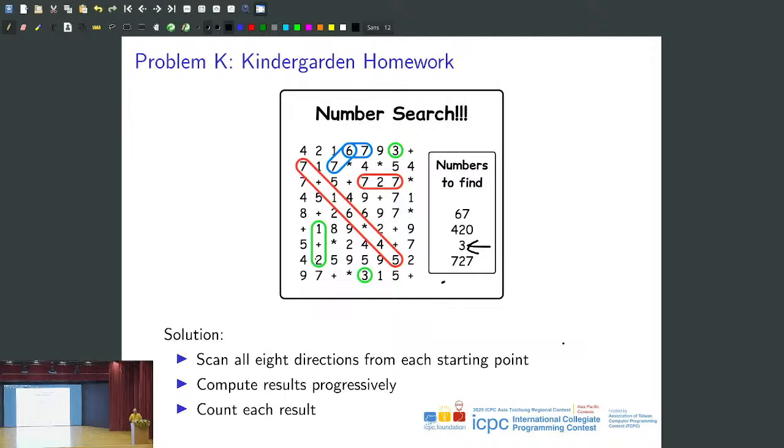What you can do is basically start somewhere and go in all 8 directions, backwards, forwards, doesn't matter, and find in this direction an arithmetic expression, evaluate it, and then see what the result is. And then the question is, how often can you find the 67? How often can you find the 420, and so on? So how can you solve this?